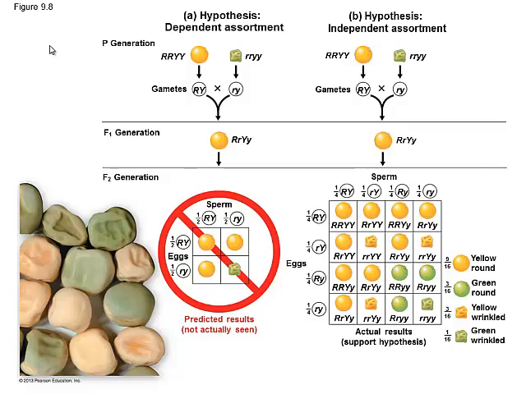So do we have dependent assortment or independent assortment with these particular traits? Independent assortment. Okay? And do you see why? Because we're going to get all kinds of combinations, which is what we actually see. These predicted results, if we were to guess it was dependent assortment, we don't see in the offspring.